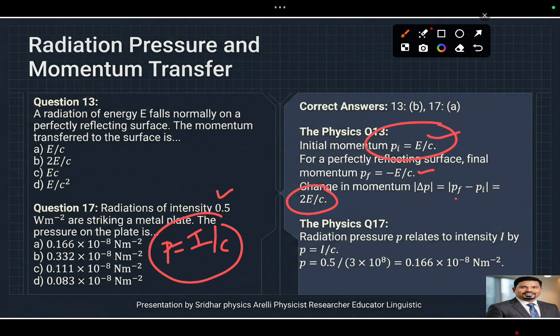So P equal to I by C, and replace the values. I is 0.5, the intensity, and C is 3 into 10 to the power of 8 meter per second. Replace the data and simplify, which is about 0.1 into 10 to the power of minus 8 Newton per meter square.